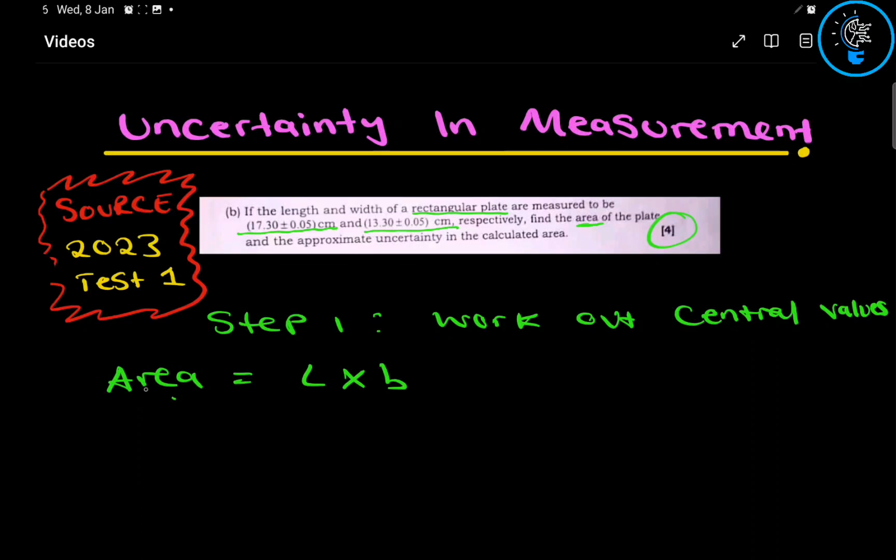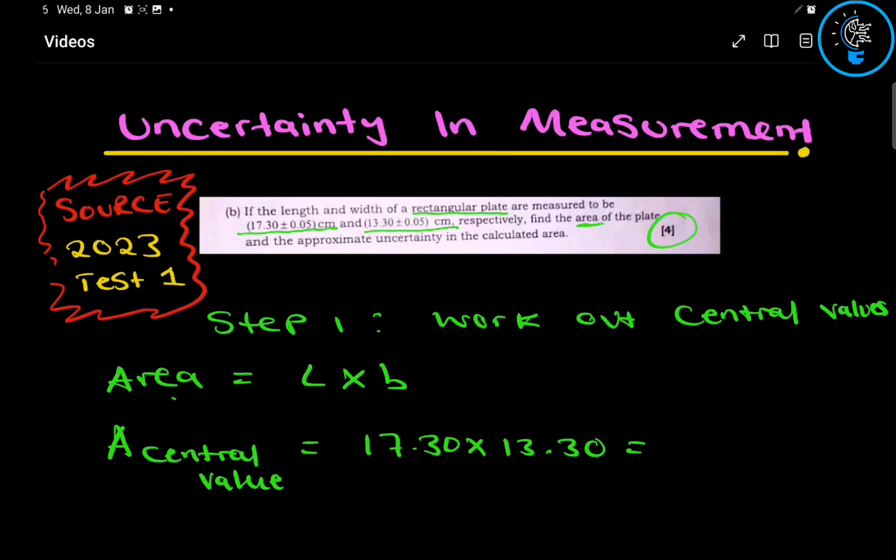That's nice. Now let's find the area of the central part. So we're saying the central value of area should be 17.3 times 13.30. Let's include a 0.